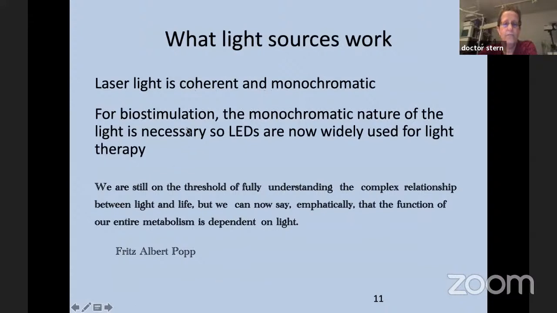And for biostimulation, the monochromatic light is necessary. So LEDs are used because we can get individual LEDs of certain colors, or we can easily tune them to be different levels of color, or even different levels of white light.